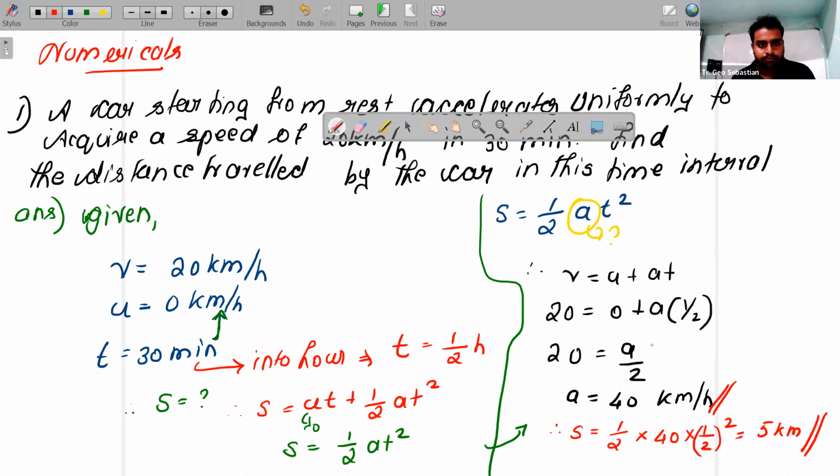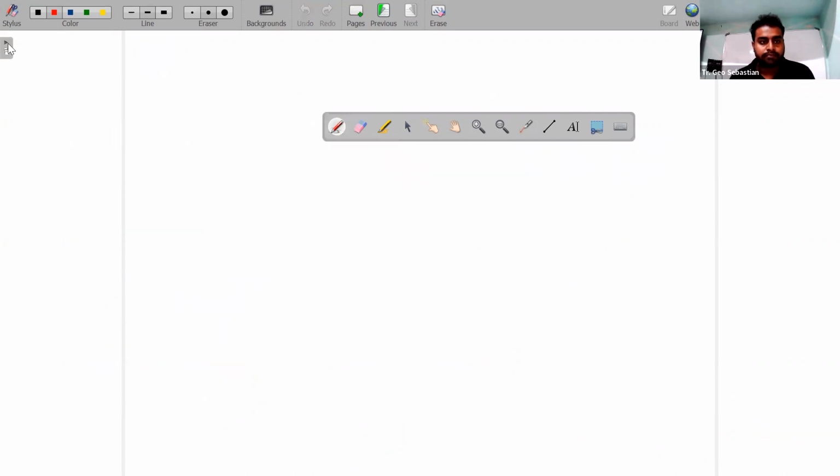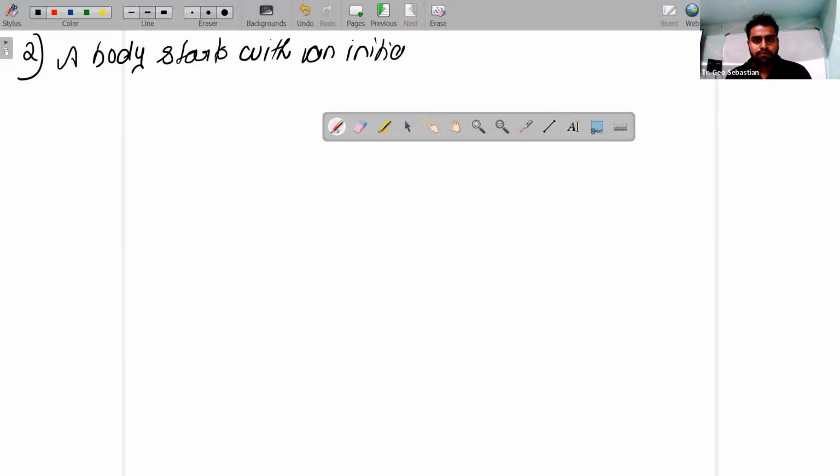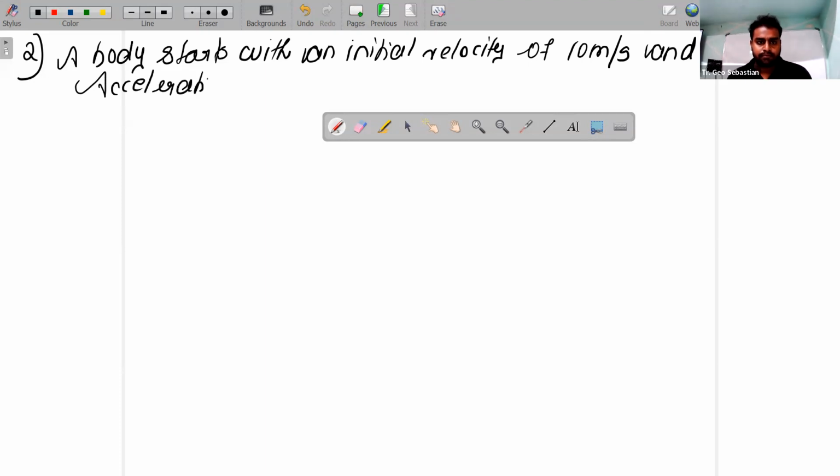Another question. One more question. A body starts with an initial velocity of 10 meter per second and acceleration 5 meter per second square.